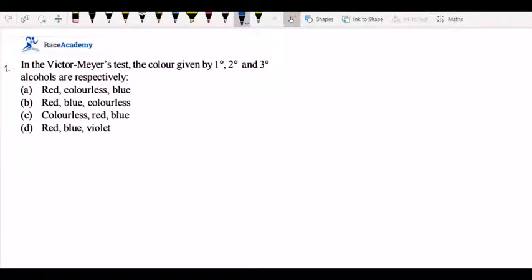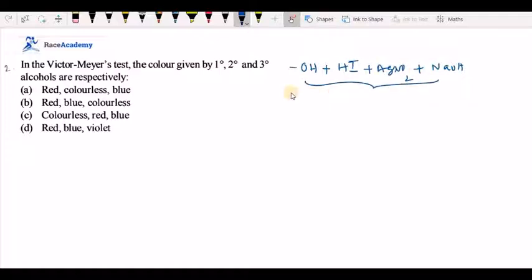Let us see the next question. In the Victor Meyer test, what are the colors given by primary, secondary and tertiary alcohols respectively? As you know, in the Victor Meyer test, first we take the alcohol, and this alcohol is treated with iodide, then with silver nitrite, followed by sodium hydroxide.